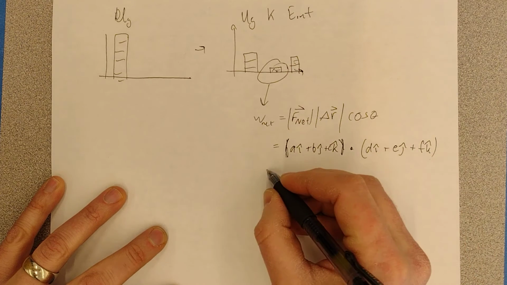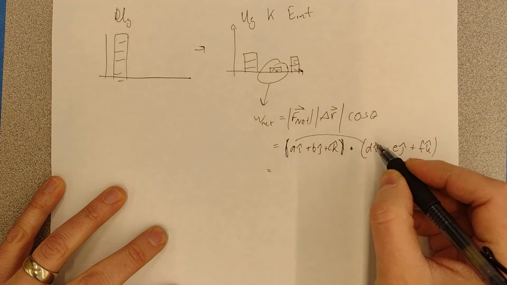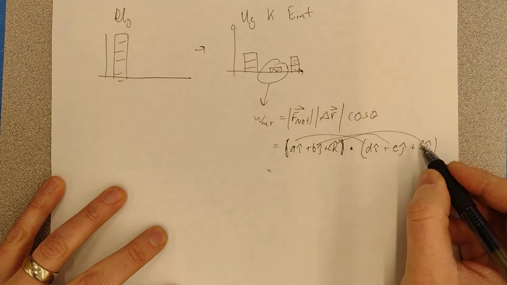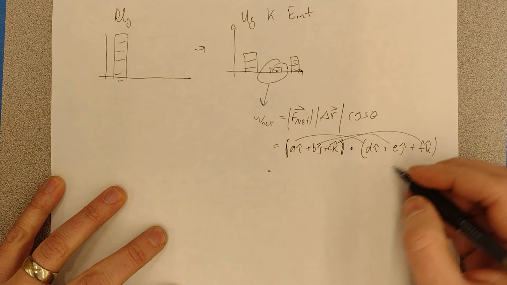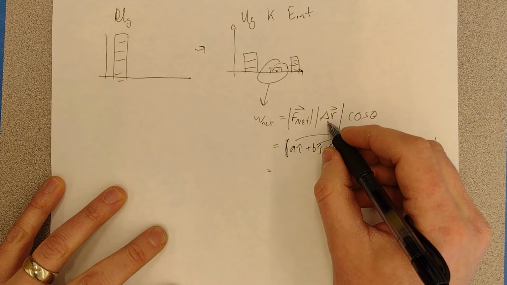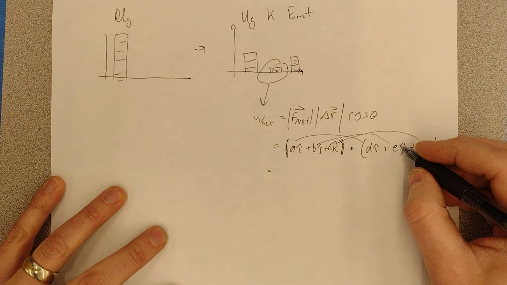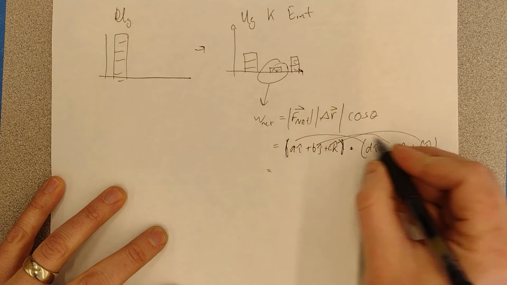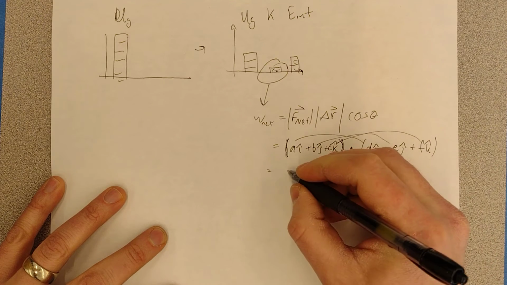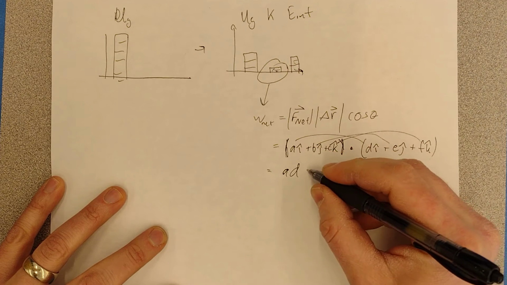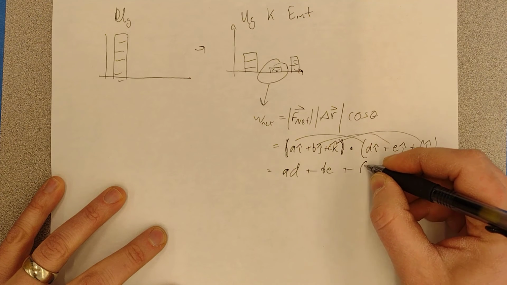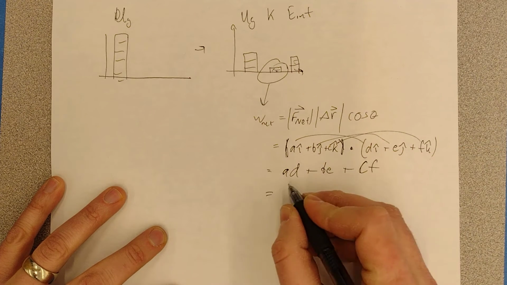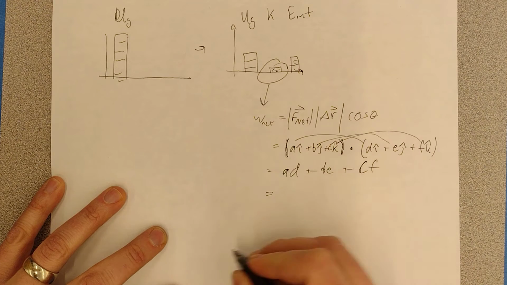The dot product is simply multiplying the like terms, so you get AD plus the product of BE plus the product of C and F. It ends up being a scalar, no vector, just a sum.